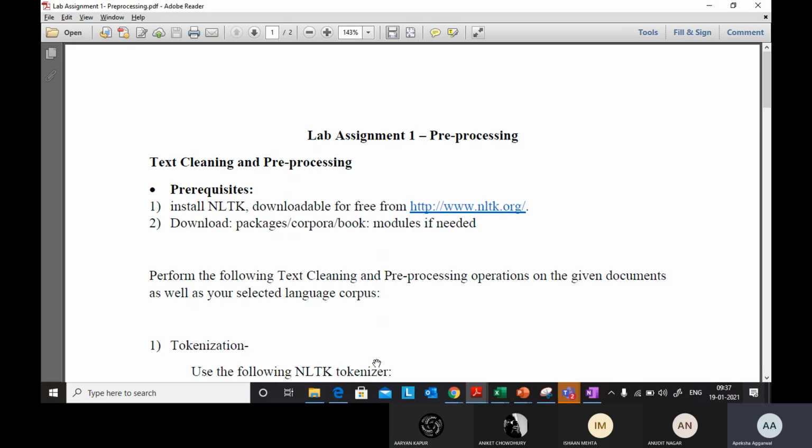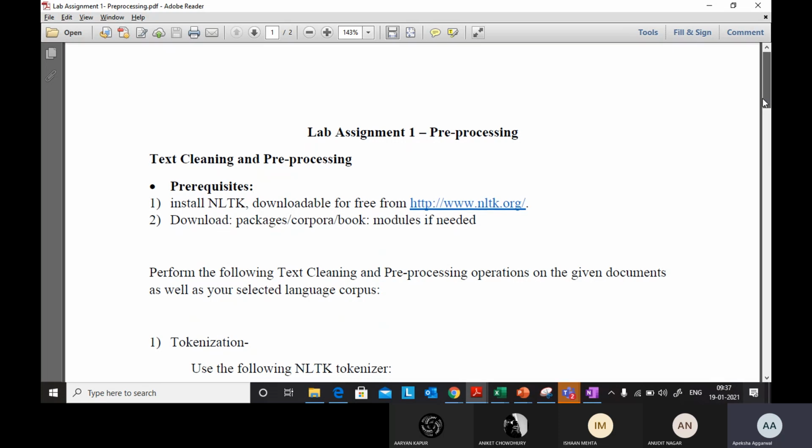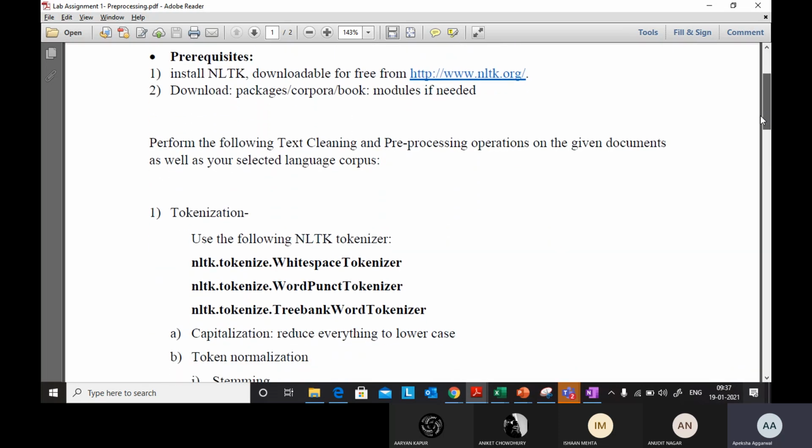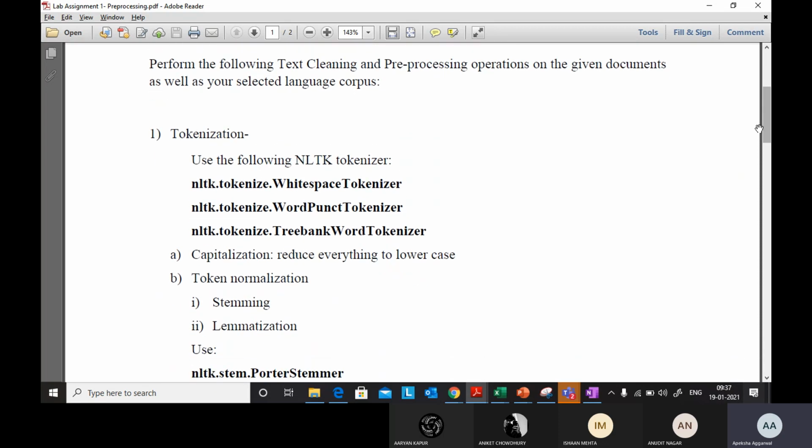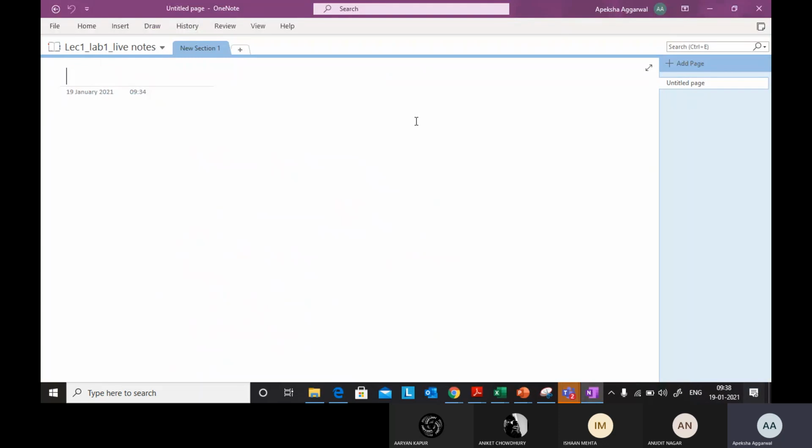Okay, so let's start. Tokenization, capitalization, normalization, we all know this. Just have a quick review of the steps that you are going to do in lab as well as for your theory purposes.